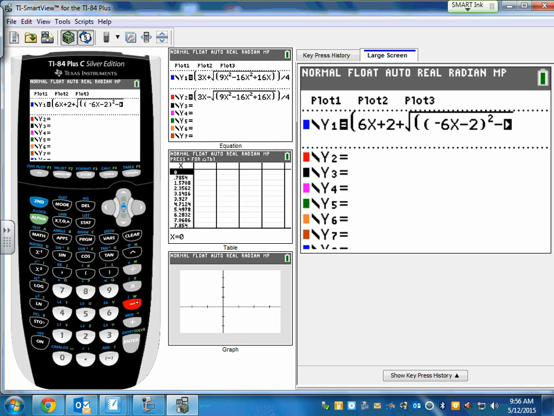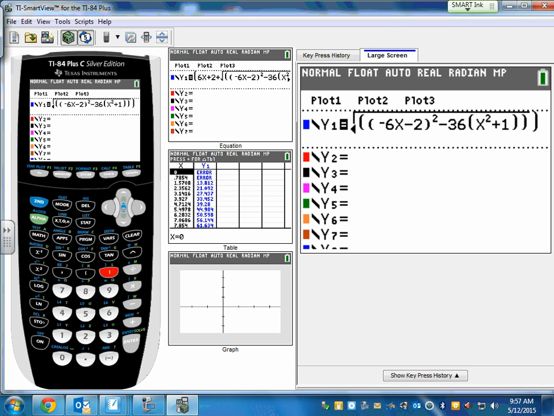And then I'm going to say minus 36 times parentheses x squared plus 1 parentheses, and then I'm going to close the parentheses under the radical, and then I'm going to close the parentheses on the top, and then I'm going to divide by 18.